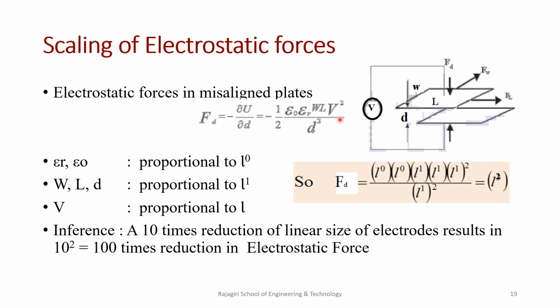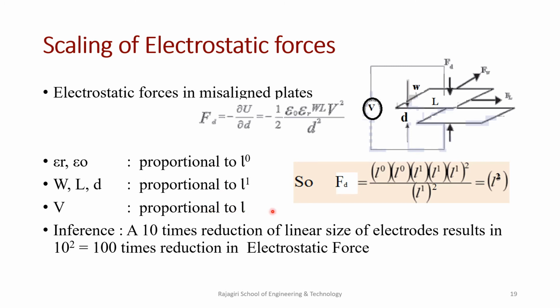Now taking the scaling of each of the parameters in this expression along with the scaling of the linear dimension, epsilon r and epsilon 0 are not proportional to the linear dimension. Therefore, they can be written as proportional to L raised to 0. W, L and D are proportional to L raised to 1. V is proportional to L raised to 1.